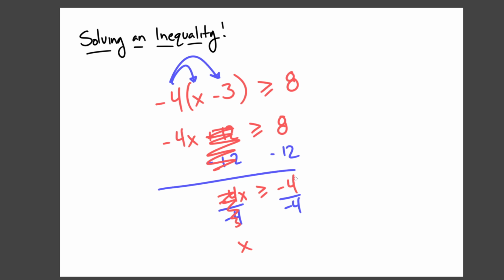On this side, negative 4 divided by negative 4 gives me 1. And because I had to divide both sides by a negative number, this sign needs to flip. So it's no longer greater than, it's now going to be less than. So x is less than or equal to 1.